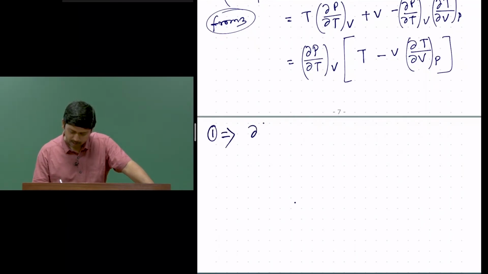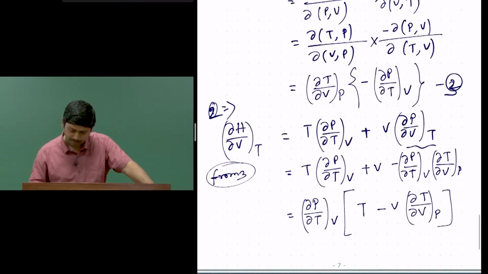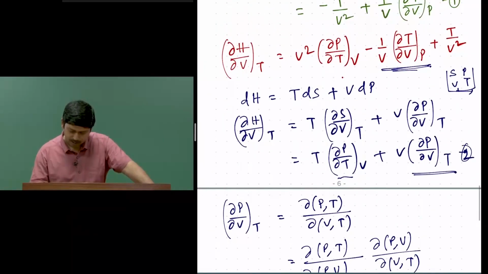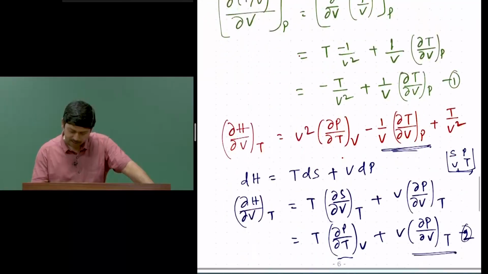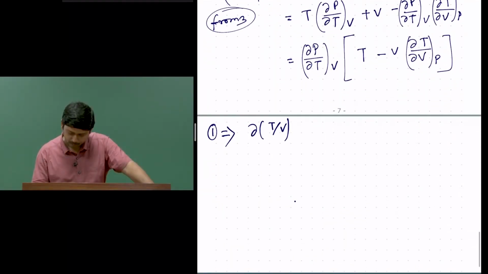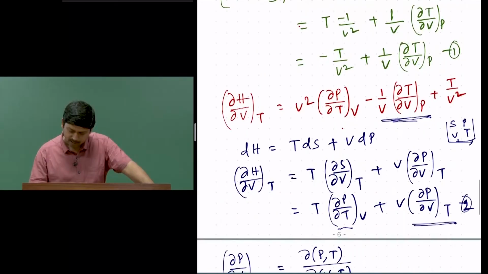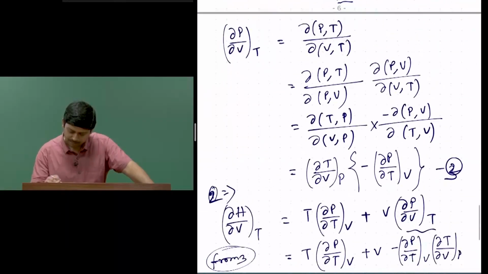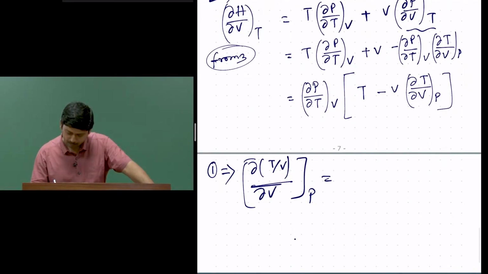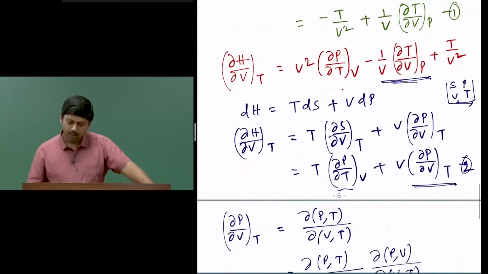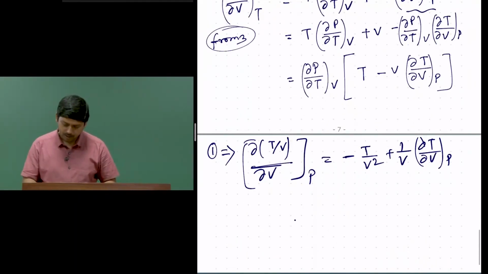What we got is del T by V by del V at a constant P is equal to minus T by V square plus 1 by V del T by del V at a constant P. Just check once more. Yep. So, that was from equation 1.